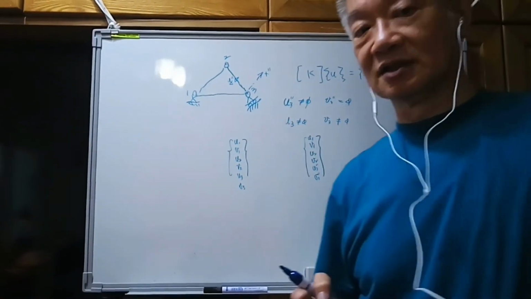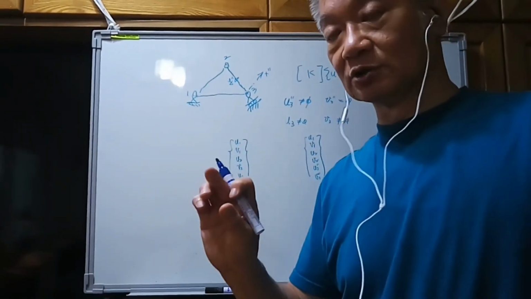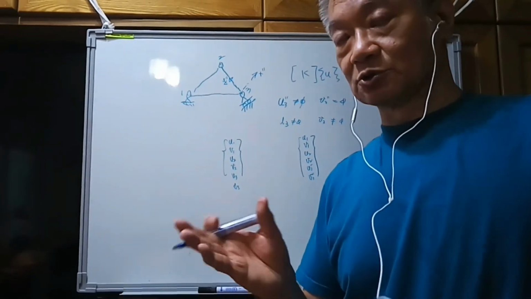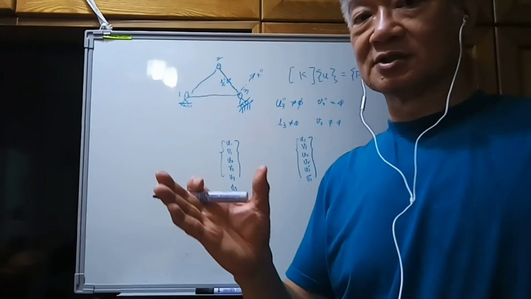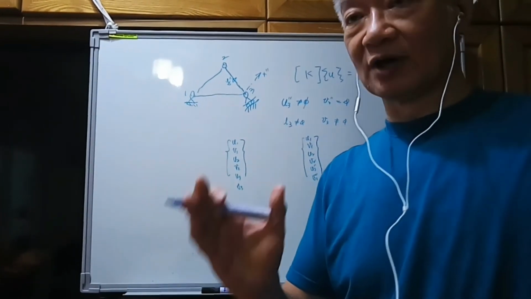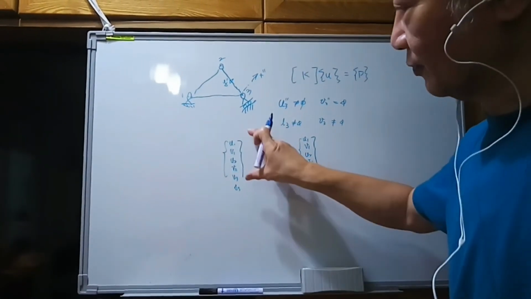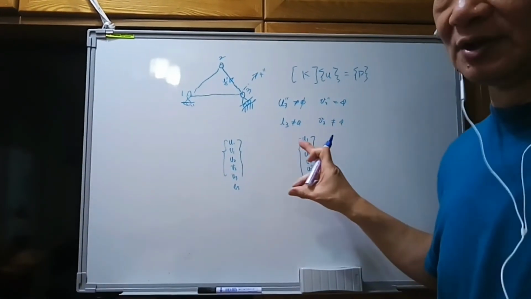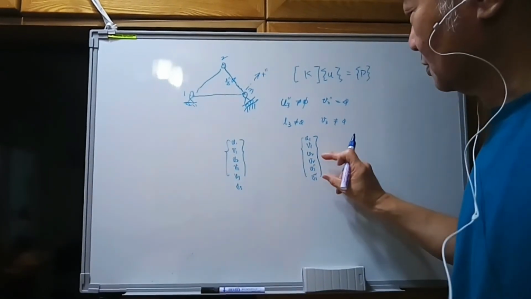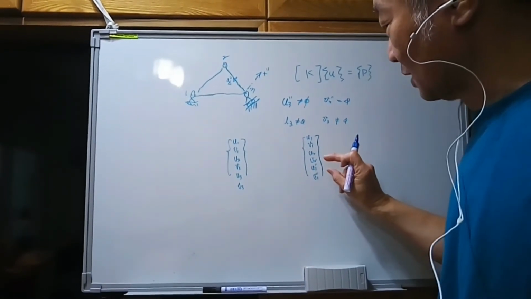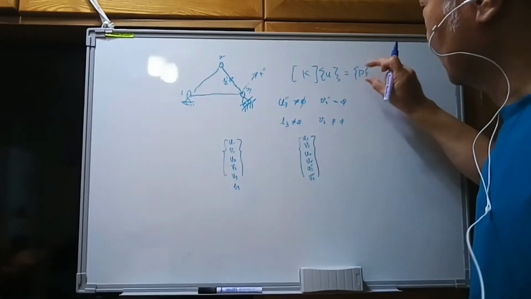Originally we got the global components, but later only for node point 3, we'd like to transform the vector components from the xy components to the x double prime, y double prime components. So that's the original one. That's the target one. We'd like to transform the U3 and V3 to the U3 double prime, V3 double prime.